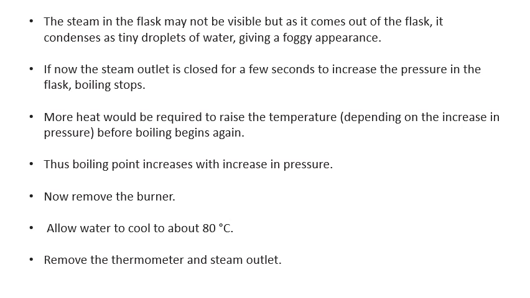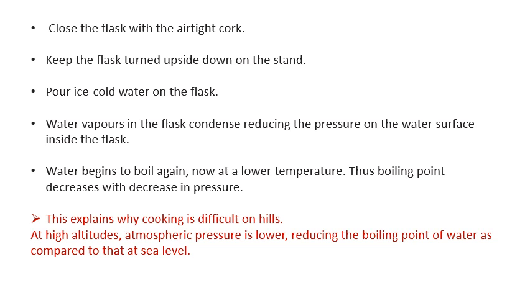Now remove the burner and allow water to cool to about 80 degrees Celsius. Remove the thermometer and the steam outlet and close the flask with the airtight cork. Keep the flask turned upside down on the stand.